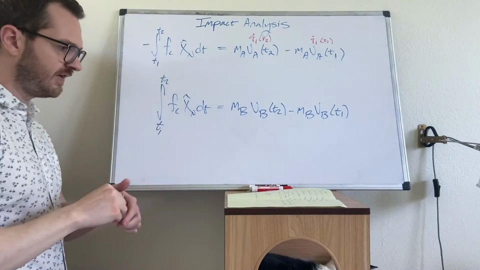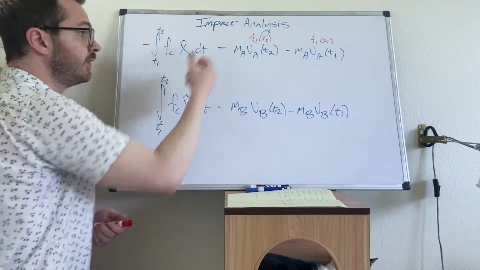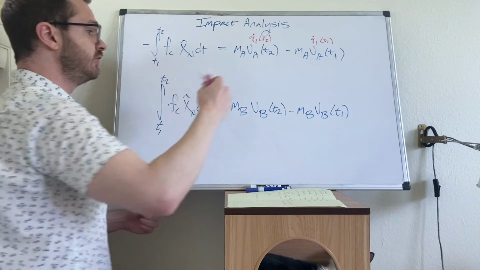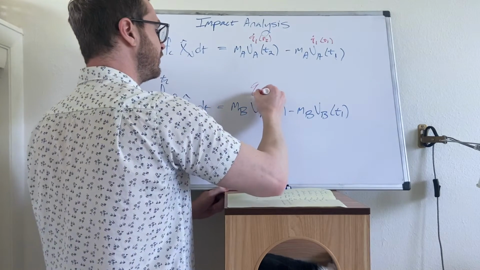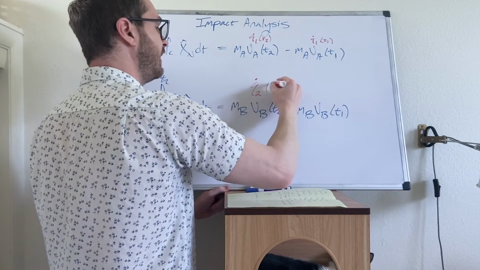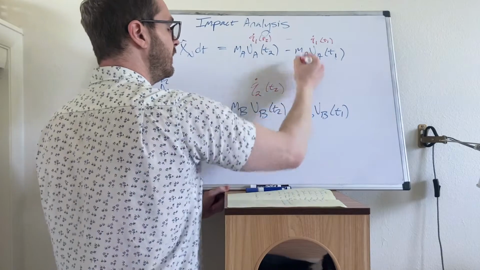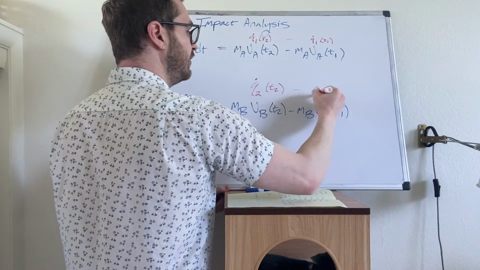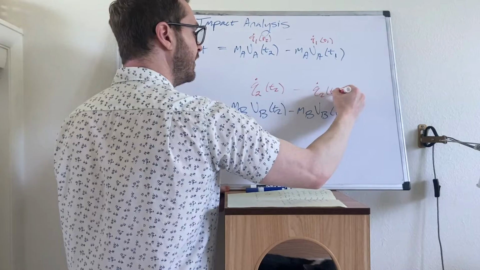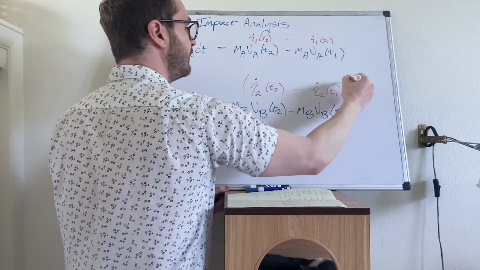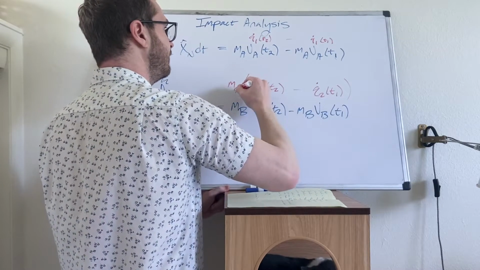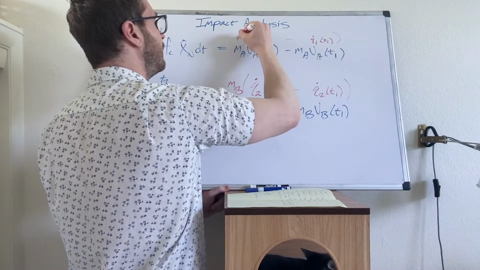And of course, the specifics for this problem, if we do Q1 for body A, we're doing Q2 for body B. So Q2 dot at time 2 minus Q2 dot at time 1. We can put the masses MB and MA.